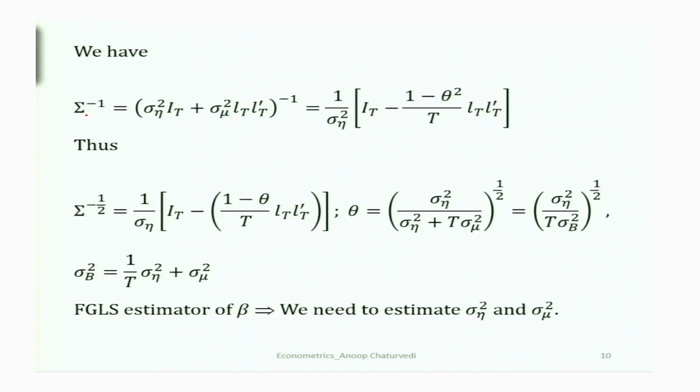So, the inverse of capital sigma is equal to (sigma square eta I_T plus sigma square mu L_T L_T transpose) whole inverse, and then we make use of the previous result. We get 1 upon sigma square eta [I_T minus (1 minus theta square) upon T L_T L_T transpose], where theta is equal to (sigma square eta upon sigma square eta plus T times sigma square mu) to the power half.